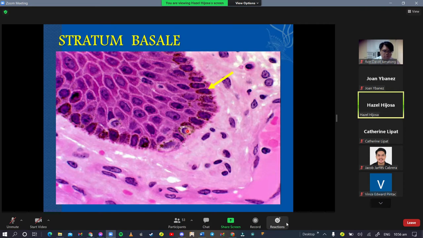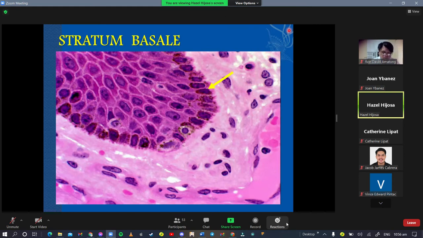So how is melanin synthesized? Anybody? Melanin is synthesized from the hydroxylation of tyrosine to dihydroxyphenylalanine or DOPA, by what enzyme?